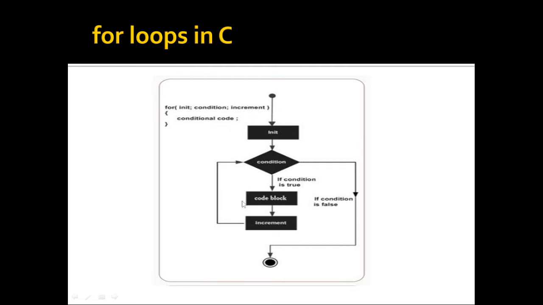After the increment, it goes back to the condition. If the condition is still true, then again it will execute the code block, then the increment, and then the condition. So code block, increment, condition, until the condition becomes false, and that is where the control will be transferred to the statement after the for loop.